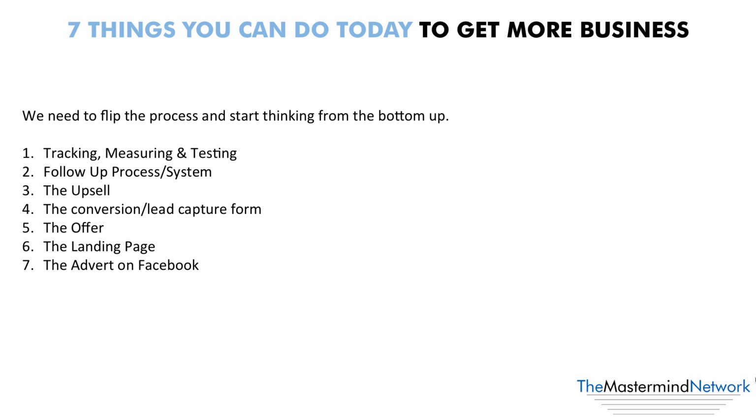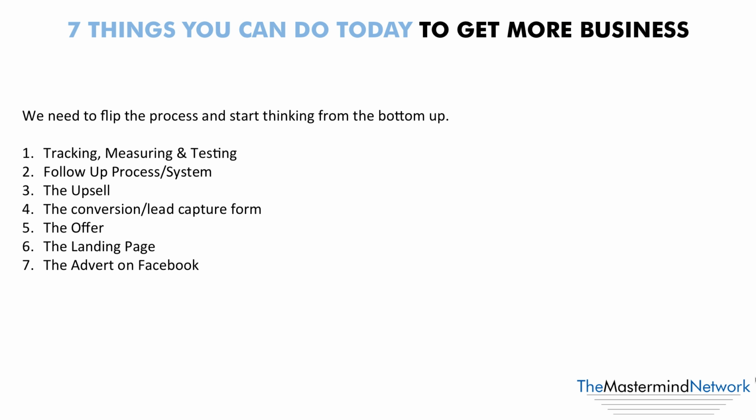I've got to make sure that I've got the follow-up process in place, so email autoresponders, some sort of upsell, make sure I've got my lead capture form in place, make sure I've got a compelling offer. In this case, for this example, we're doing a 2-month free trial of the Mastermind Network. And then we've got to have a look at the landing page to put all those elements together, make sure we've got the lead capture form on there.